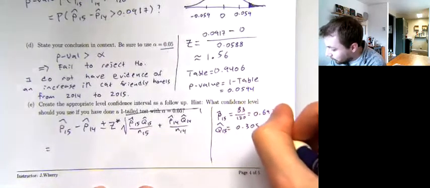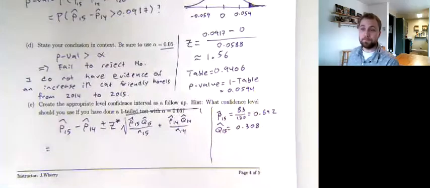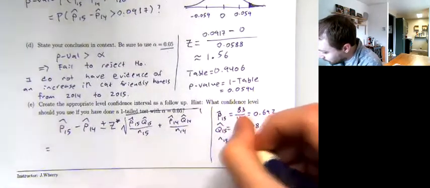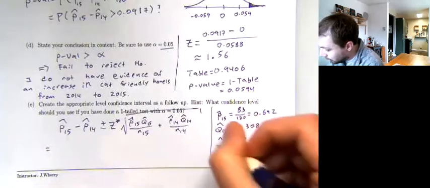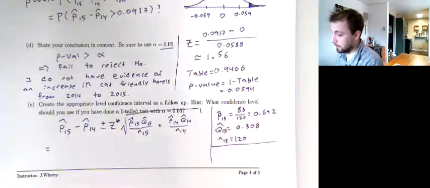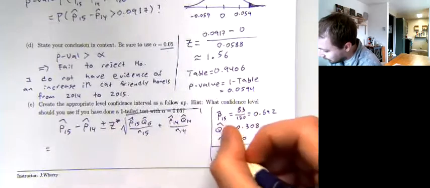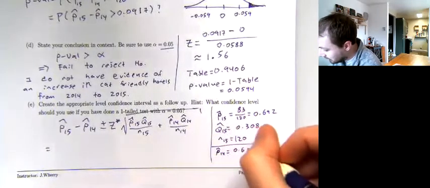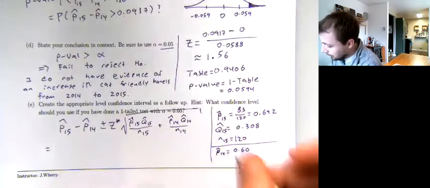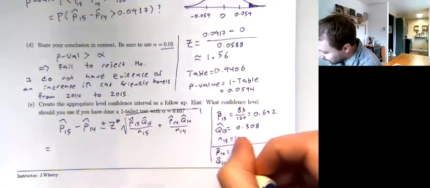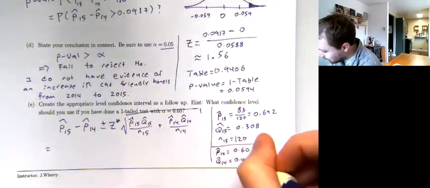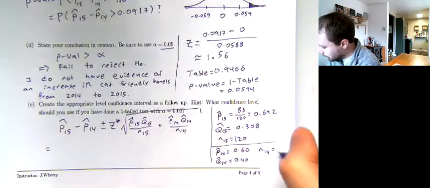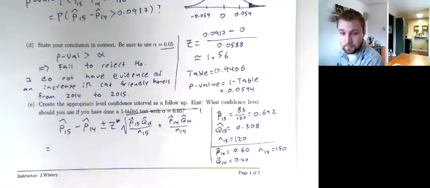That gives me 30.8%. Number of samples for 2015, I was rocking 120 samples. For 2014, this is considerably easier because they give me a percentage already. It says 60%. So then my failure rate for 2014 is 40%. And this is out of 150 hotels.